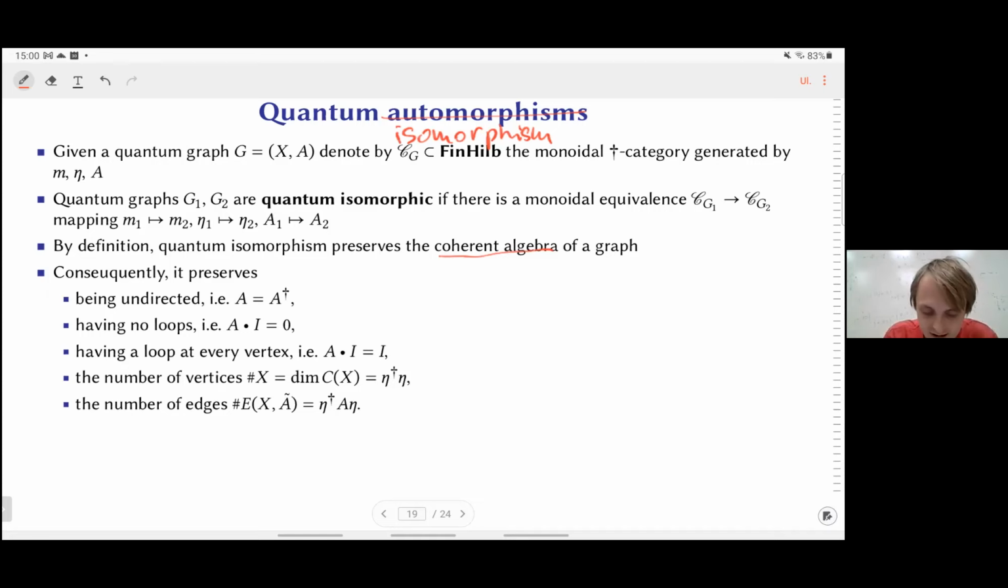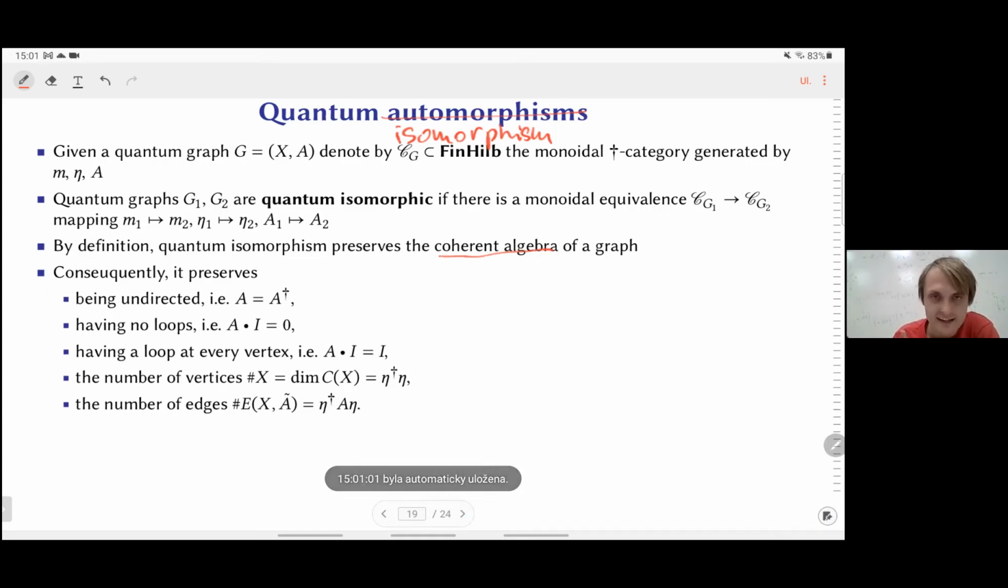Those operations define some algebraic structure which must be preserved by those quantum isomorphisms. And therefore, also the properties like being undirected, having no loops, and so on, are preserved under this very natural notion.